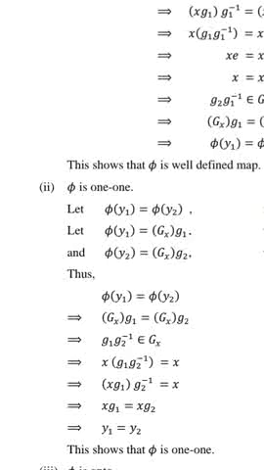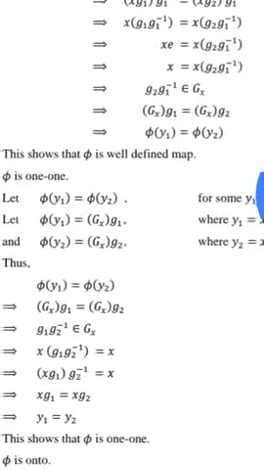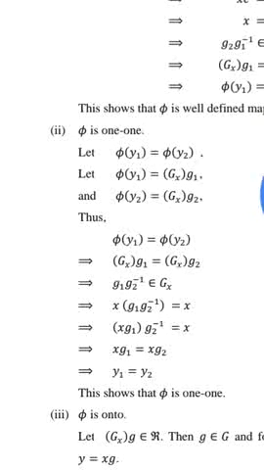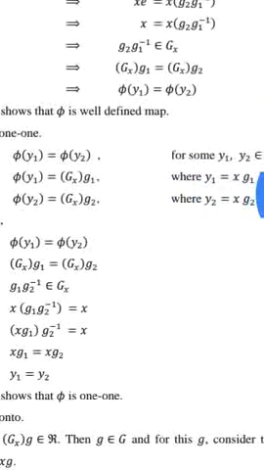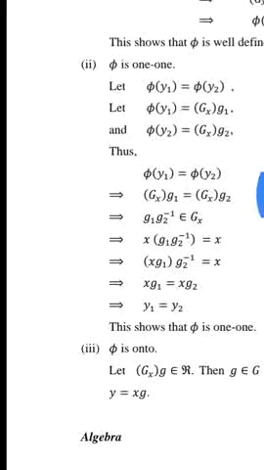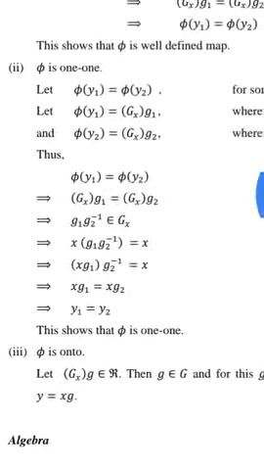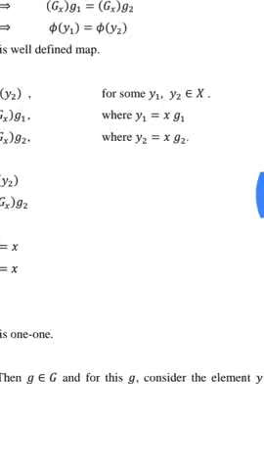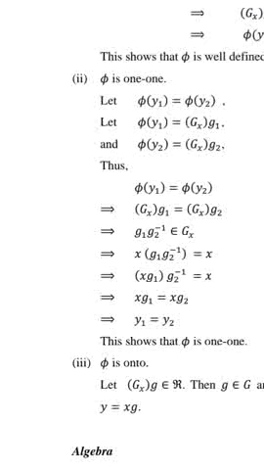Now we have to prove that phi is one-one. Let phi of y1 is equal to phi of y2 for some y1, y2 belongs to xG. Therefore, phi of y1 is equal to Gx g1 for y1 equal to xg1, and phi of y2 is equal to Gx g2 for y2 equal to xg2.